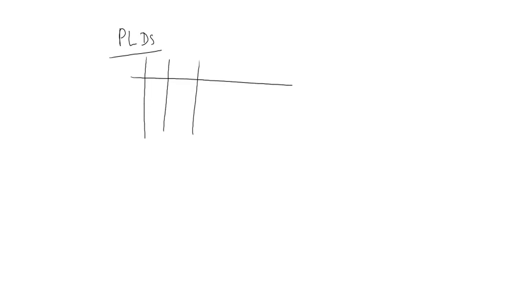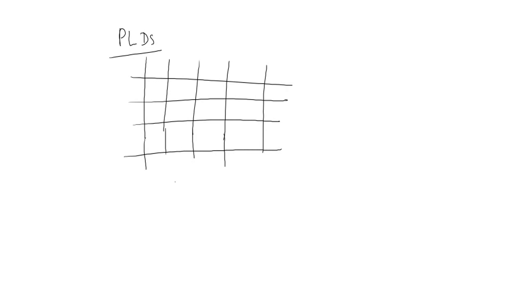In digital electronics you might have studied PLDs, right? What are those PLDs actually? PLDs are nothing but some connections, so we can implement any function using AND gates and OR gates.